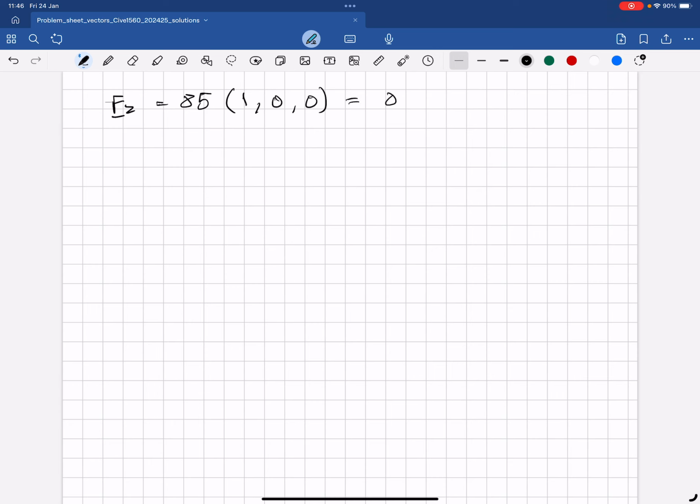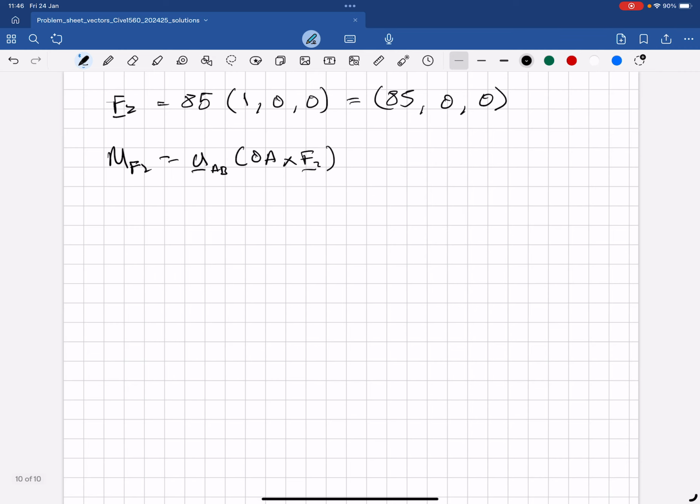So the vector becomes 85, 0, 0. The moment of F2 is equal to the unit vector AB dotted with OA crossed with F2.